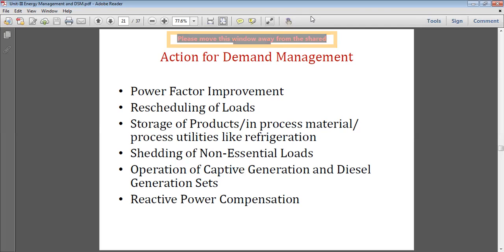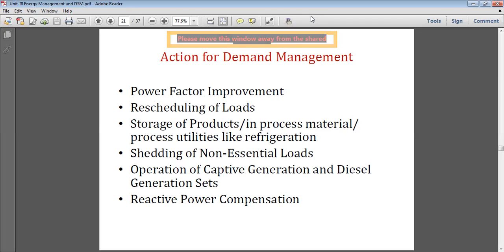Next is reactive power compensation. One way is to do the reactive power compensation centrally, by connecting an automatic power factor controller at the center level, at the substation. Again, suppose there are a number of heavy machines, we can use individual capacitors, individual reactive power compensators at the load side.